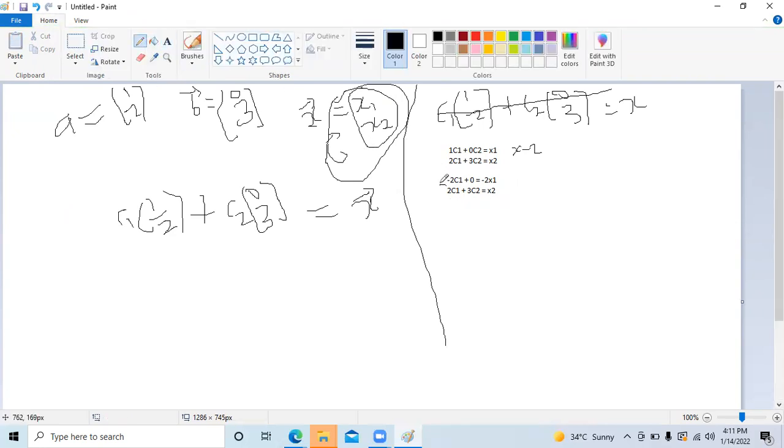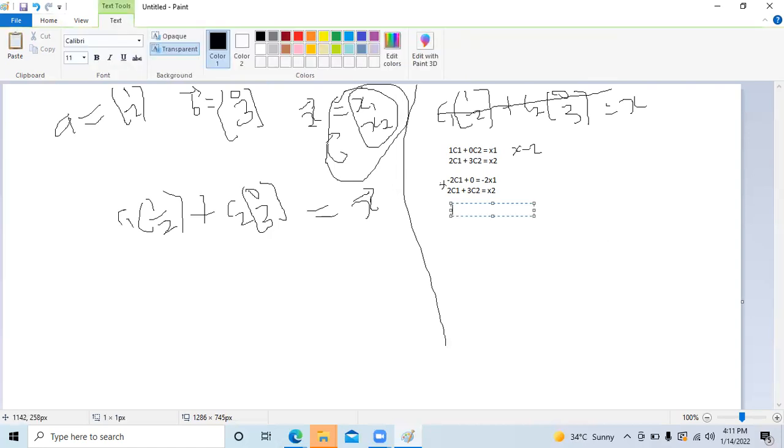So I eliminate C1, right? So I'm going to get 0 for this plus 3C2, which is going to be equal to x2 minus 2x1. Does that make sense?